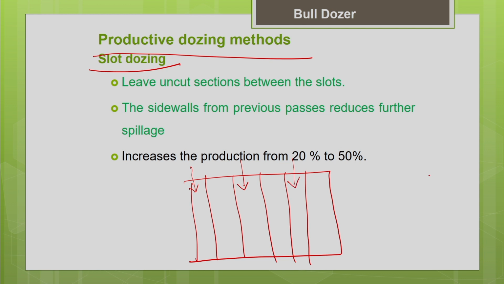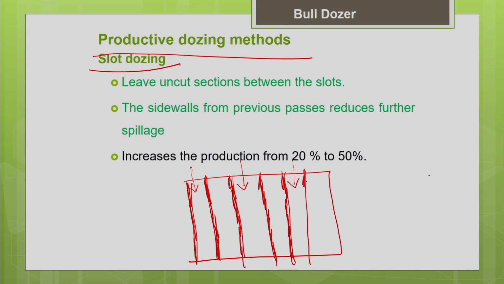When the bulldozer is moving through these cuts, obviously there will be end spillage of material at both ends of the path.